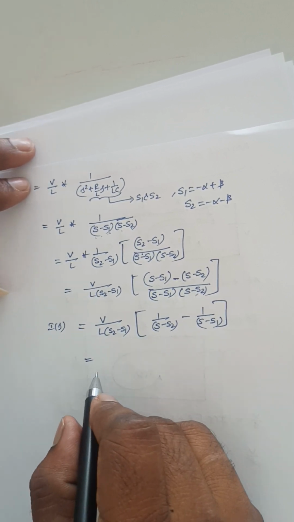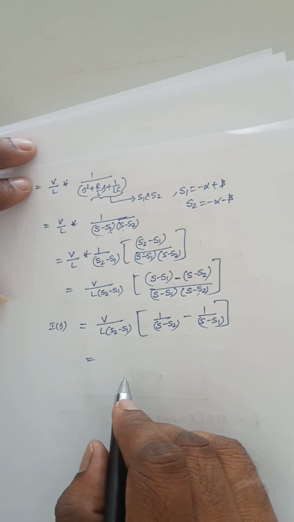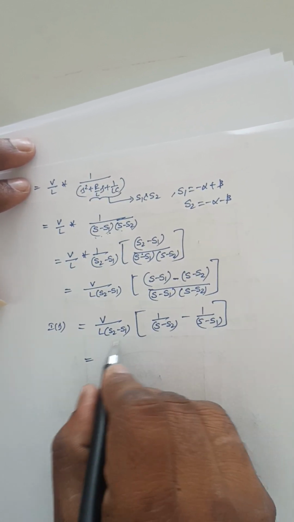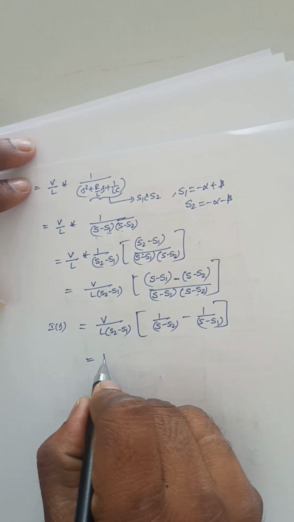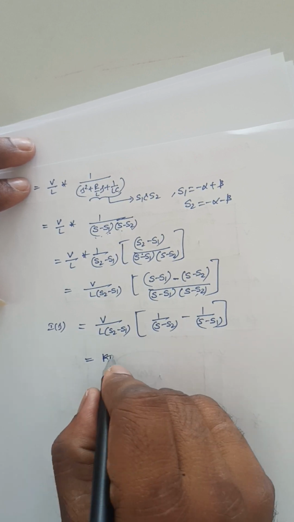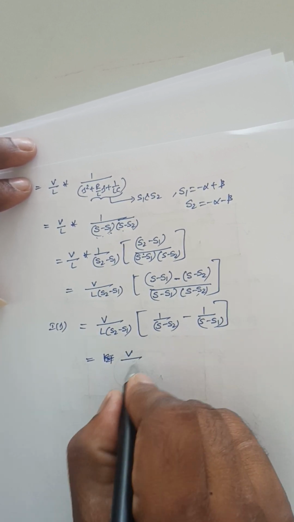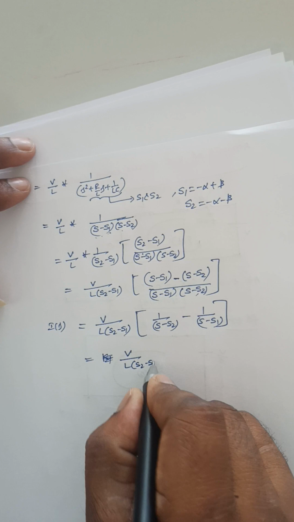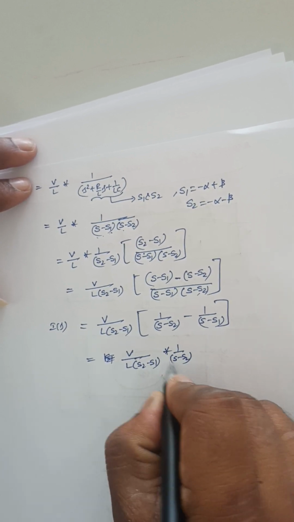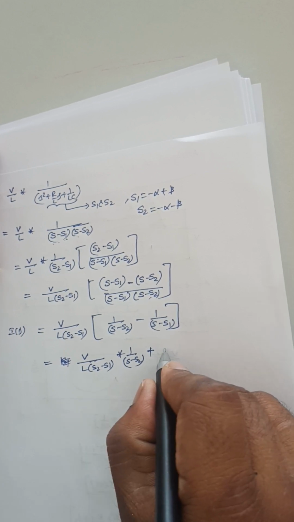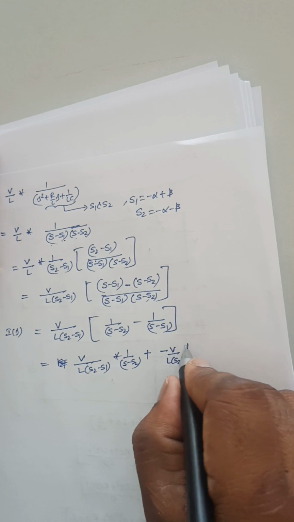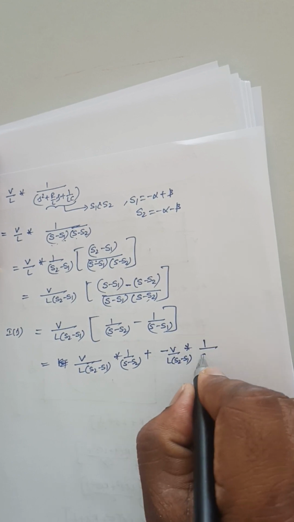So this expression, if I multiply with this, it will become v by L into k1, that is v by L into (s2 minus s1) into 1 by (s minus s2), plus minus v by L into (s2 minus s1) into 1 by (s minus s1).